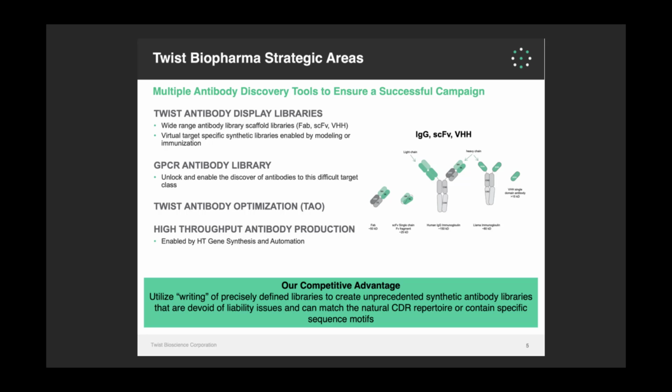We have a fantastic in-house system for affinity maturation and humanization of antibodies. And finally, I'll mention our new alpha product, which is our ability to do high throughput antibody production. It's part of every project we do within the Twist Biopharma vertical, but it's also a product we're thinking about rolling out to the greater Twist customer base. So please stay tuned for that update.